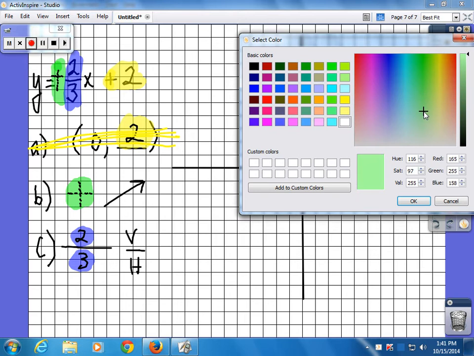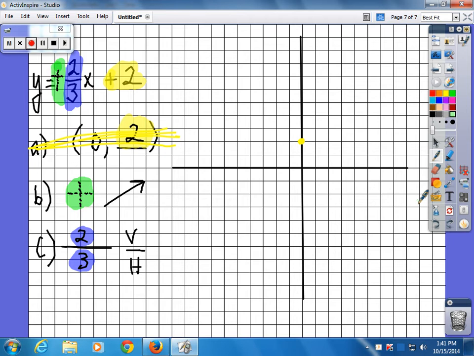I've tried. That's even worse. I wanted a hunter green or something. Let's try this olive drab. I didn't even draw a straight line that time. I could draw it like that, or like this. Doesn't matter. Trace line's done.